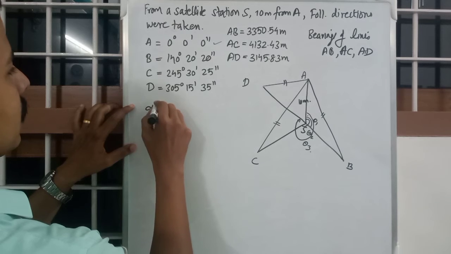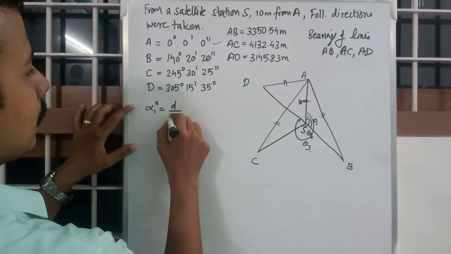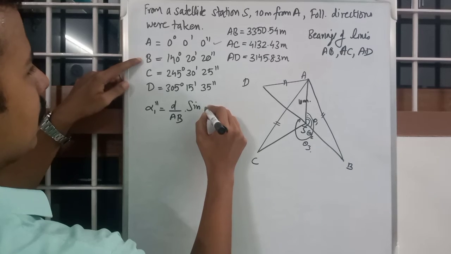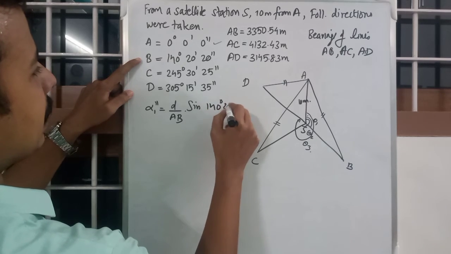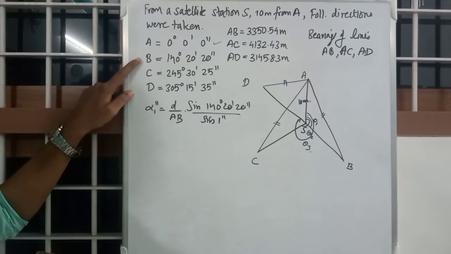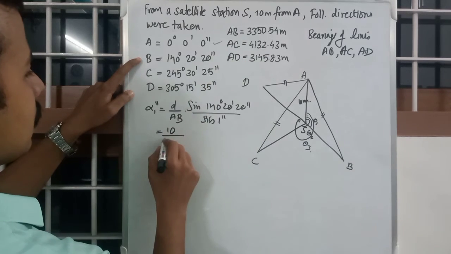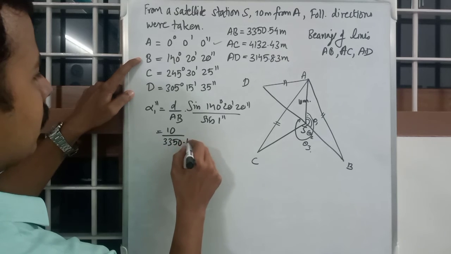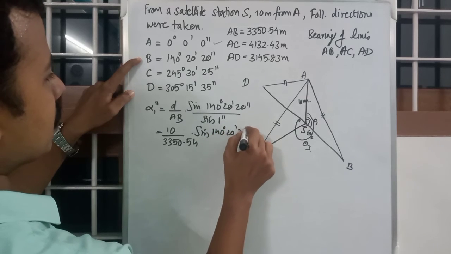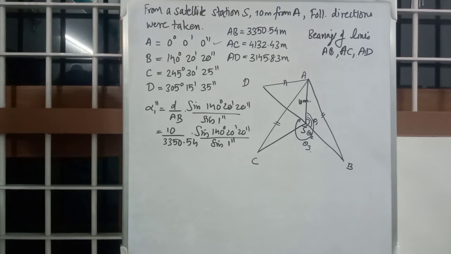We will start with B, the second station. So alpha 1 in seconds is equal to d by AB, sine of theta 1, 140 degrees 20 minutes 20 seconds, divided by sine 1 second. That is 10 by AB, which is 3350.54, times sine 140 degrees 20 minutes 20 seconds, divided by sine 1 second.